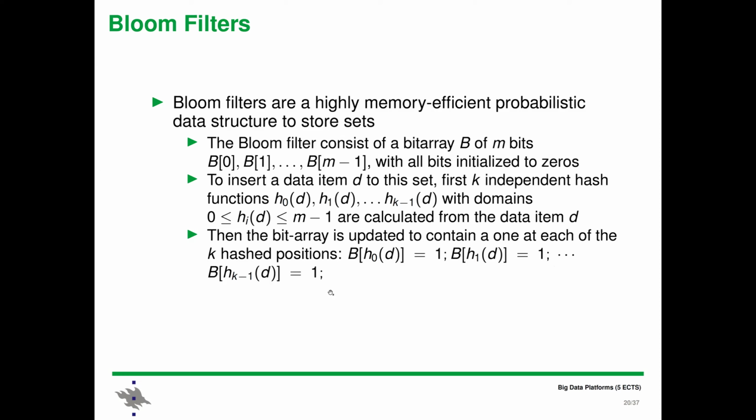And you do this for all the hash functions you have. But in our case, we just had two hash functions, and that's it. So you basically flip the bits from 0 to 1 for all the indices that you computed a hash value for.